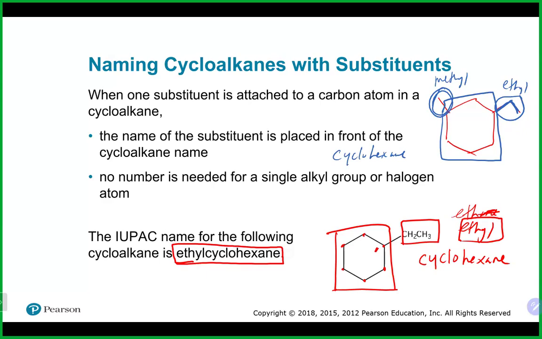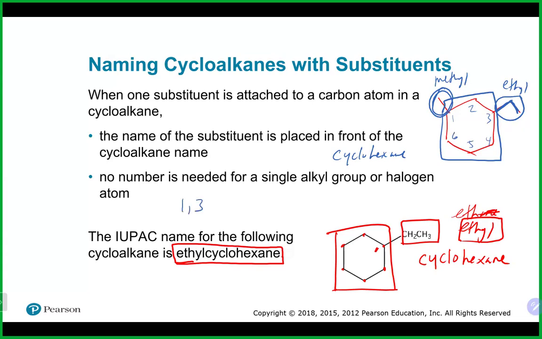So how can we go about naming? Well, we would do the same sort of approach, if you will. We could start here and go clockwise, that is 1, 2, 3, 4, 5, and 6. If we did that, that's going to give me a group at 1 and 3.